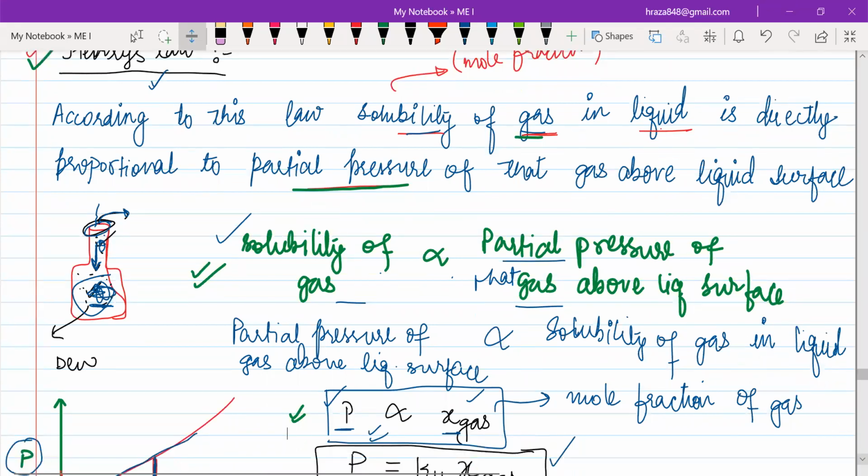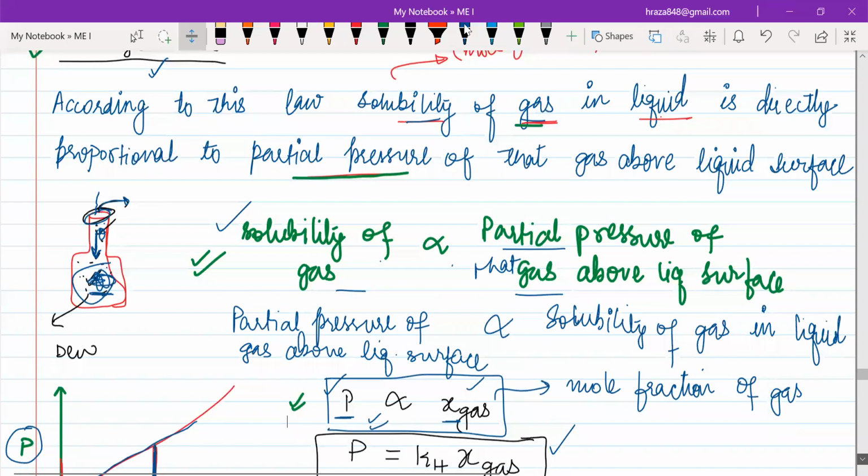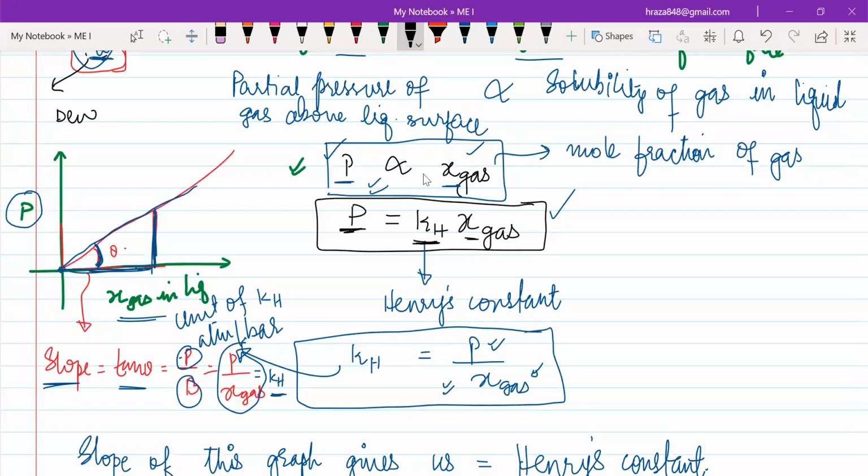Yes, sir, done. So you can see there is a formula: partial pressure P will be equal to Henry's constant into mole fraction of gas, to remove the proportionality sign. And if you plot a graph between partial pressure and mole fraction, the graph will be a straight line because they are directly proportional to each other.